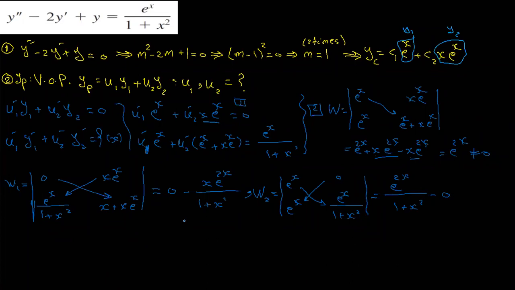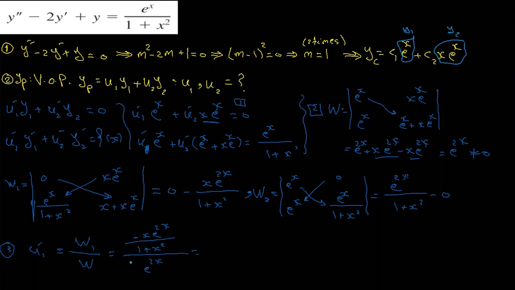Okay? Now, third step is to write the rule of u1 prime equals W1 over W. My W1 is negative x e to the 2x divided by 1 plus x squared, all of them divided by W, e to the 2x. How to simplify this?